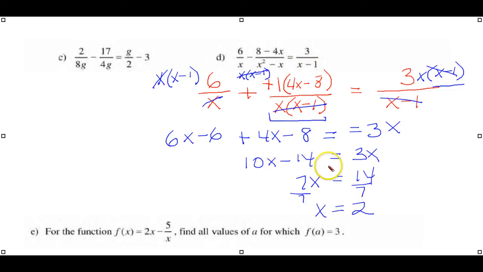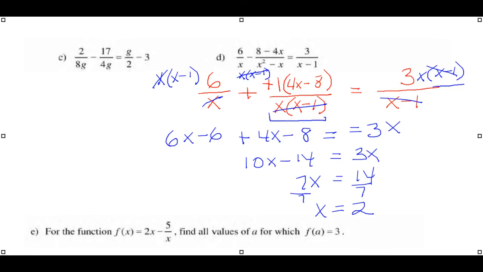Remember, we had these qualifiers for domain. Now, every once in a while, too, we get what is called an extraneous root, which is an answer that we reject. It doesn't work.